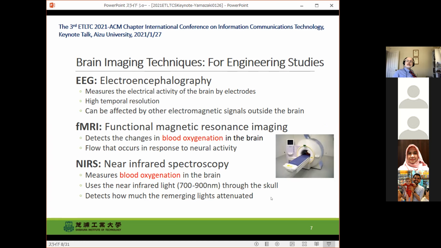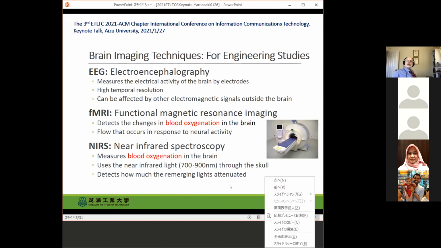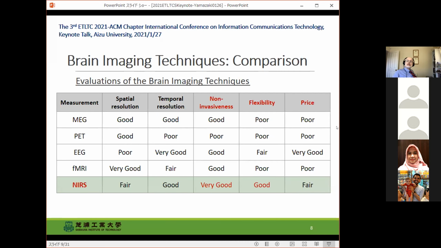So let me compare these techniques. As you can see from this table, functional MRI and NIRS are pretty good in terms of non-invasiveness.